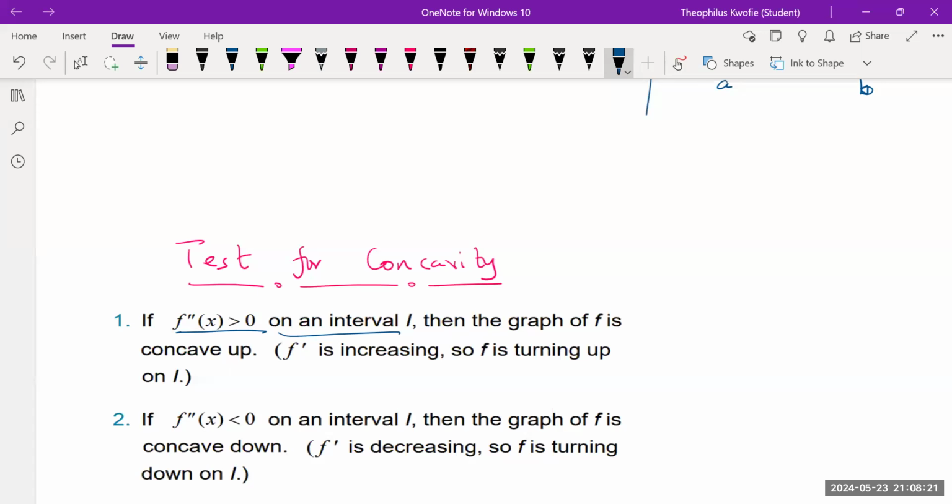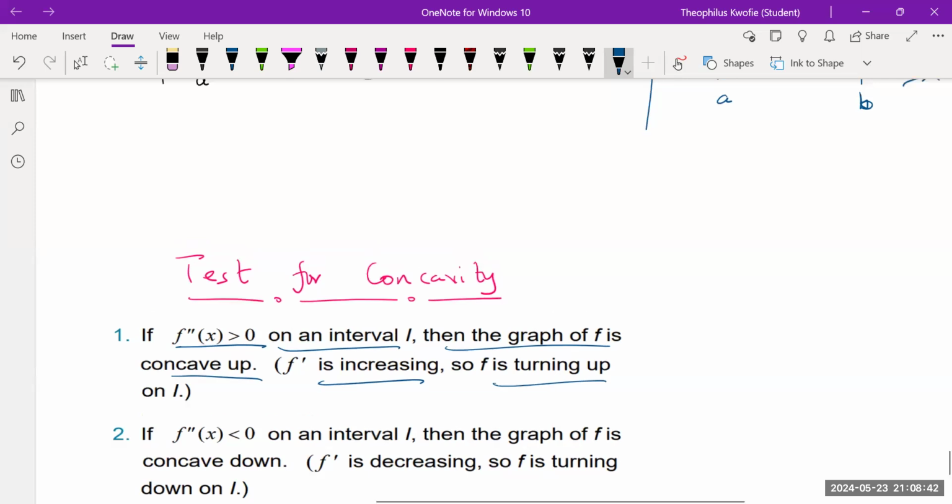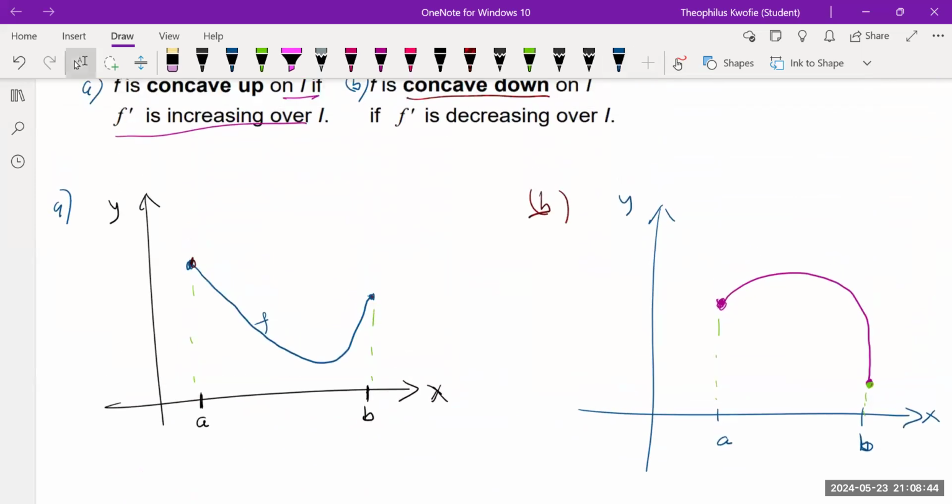Then the graph of f is concave up. Remember that anytime it is positive, we said it's concave up. In other words, f' is increasing, or the rate of change of the function is increasing, or f is opening up on that particular interval. So we use this particular graph to talk about it. Very good. So let's take note of that.